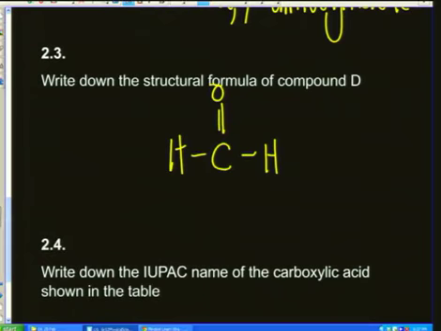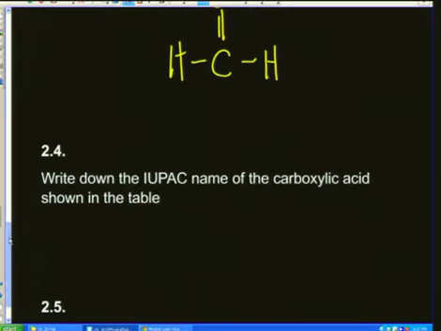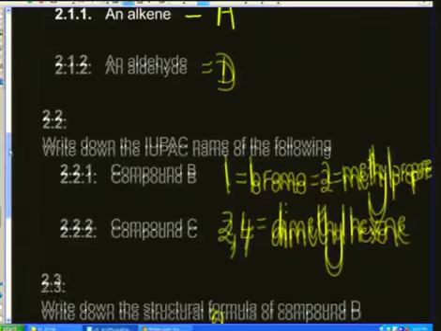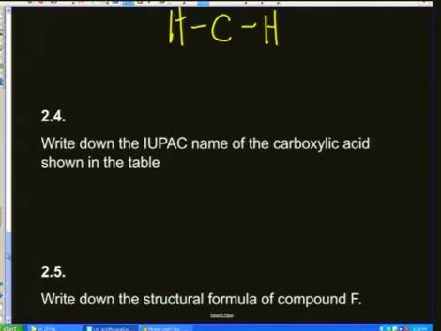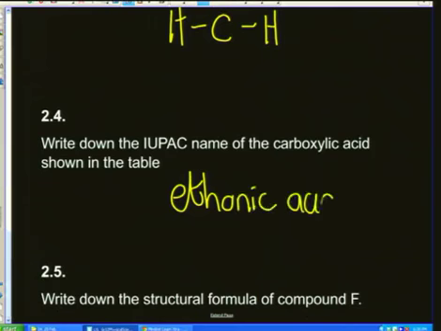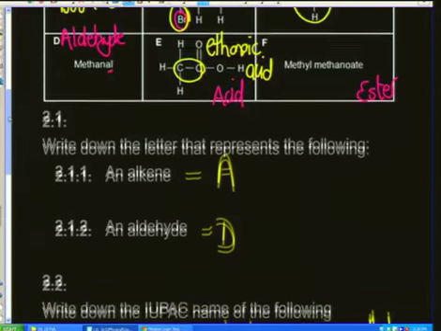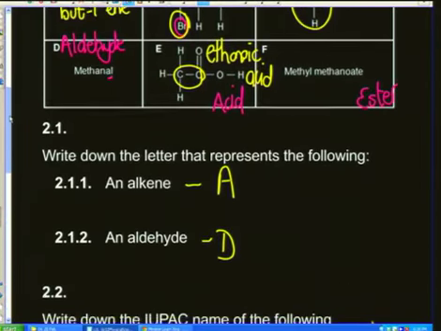Write down the name of the carboxylic acid shown in the table. Where was the acid? It was E. We've already done that. We just need to write it in. Don't even have to think about it. So that was ethanoic acid. And then the last question here is write down the structure for the formula of F, which is methyl methanoate.